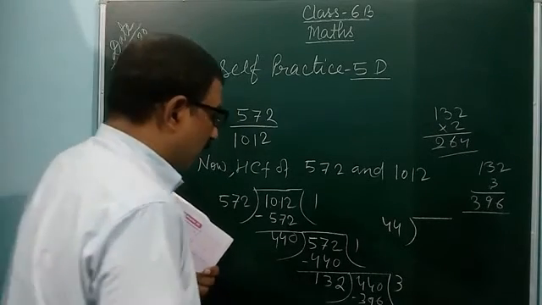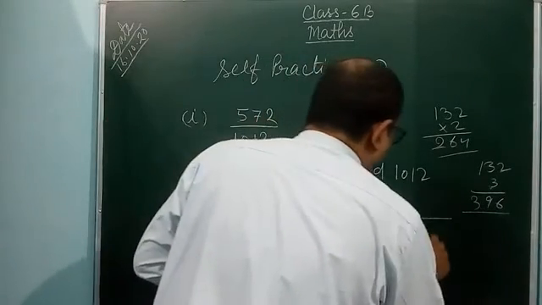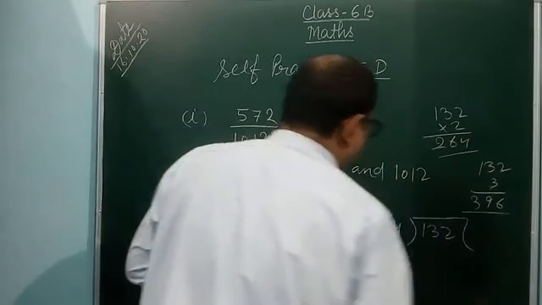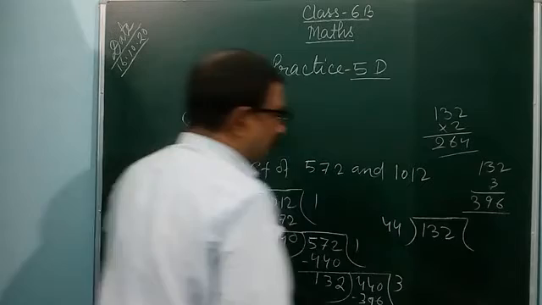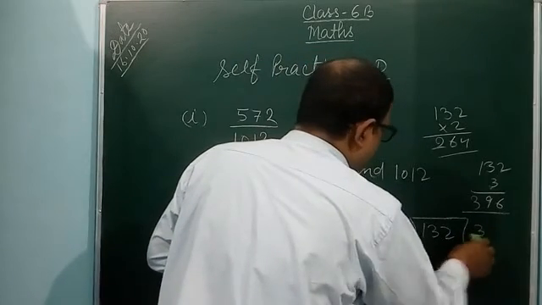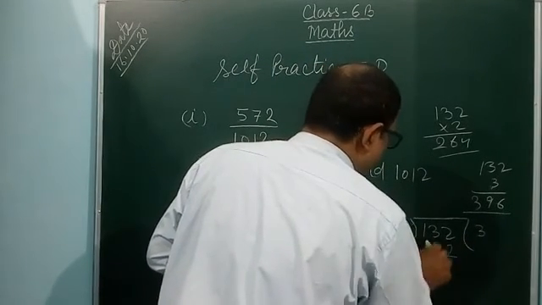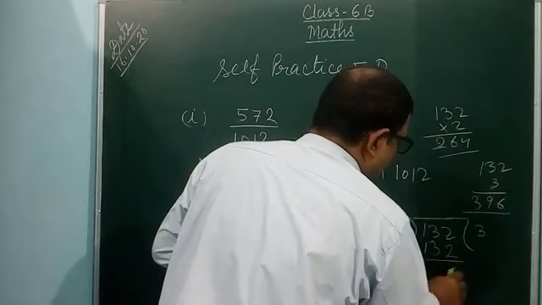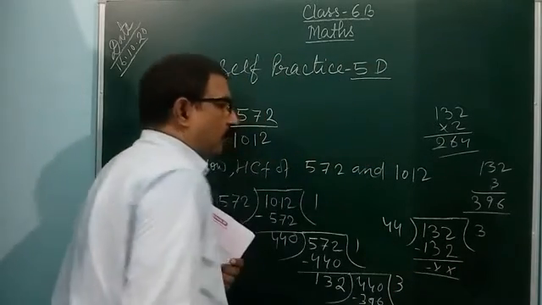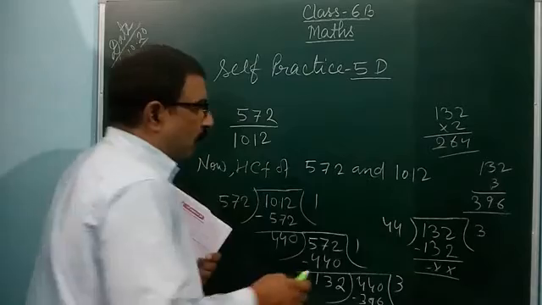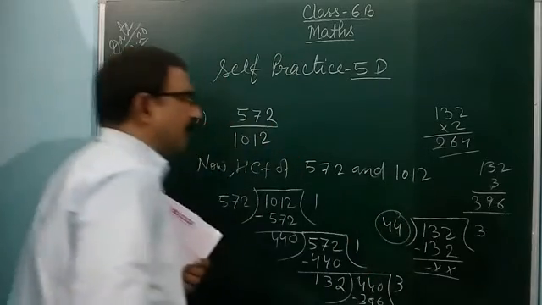So 44 outside, 132 inside. After that, by 44 you can do 3 times. So you can see 44 times 3 is 132.